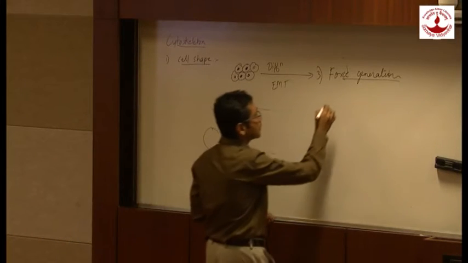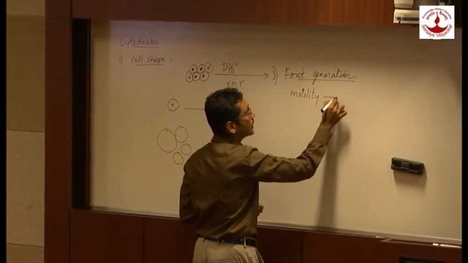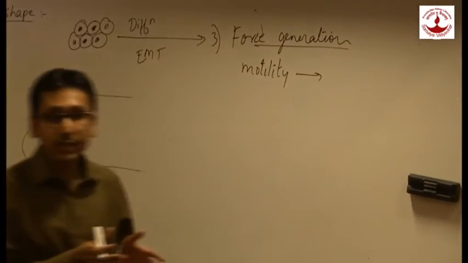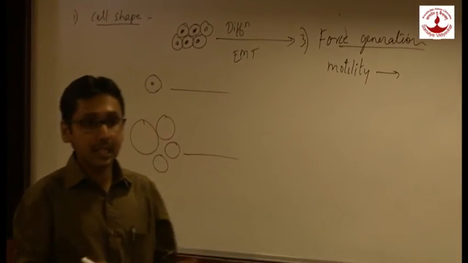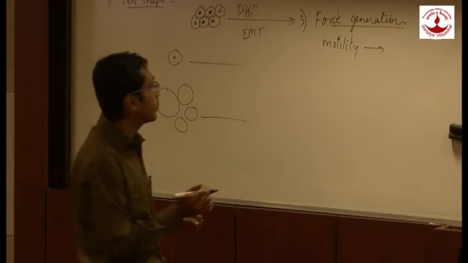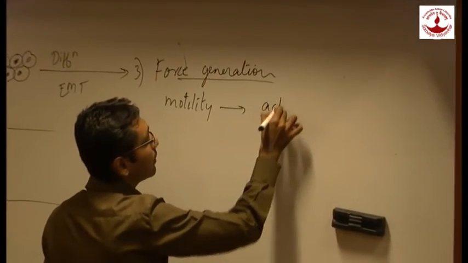So the first function a cytoskeleton performs is in motility, where you see a fibroblast or a neutrophil pursuing a target, it keeps on rolling. The gliding motility that you see is because of the actin filaments.